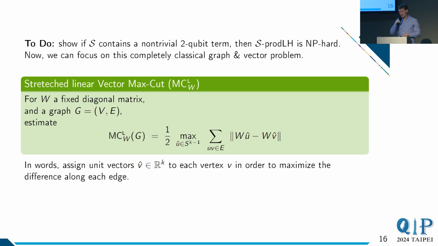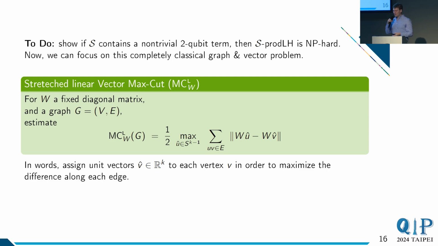Okay, and to formalize that, we introduce this stretched linear version of the vector max cut problem. So in words, given some graph on many vertices, we're going to assign unit vectors to each of those vertices. And the goal is that along each edge to maximize the difference between the vectors.